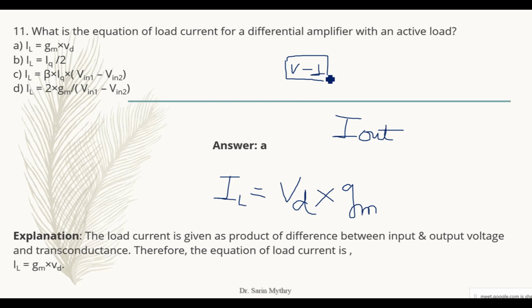We have studied this as a part of the university syllabus.